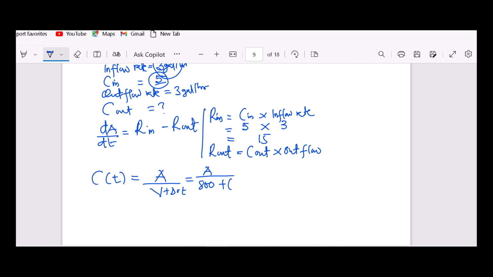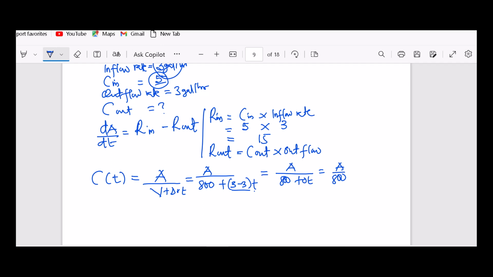The water coming in was 3 gallons per hour, so 3, and the one going out is also 3, so minus 3. This minus this is 0, 0 times t is 0. So 800 plus 0t, and this is just A over 800.